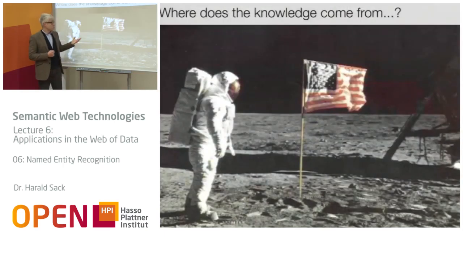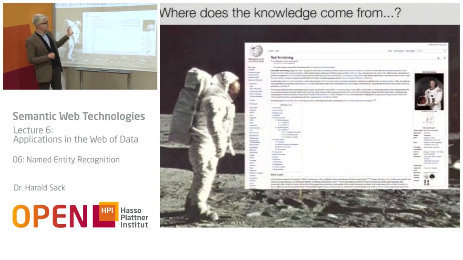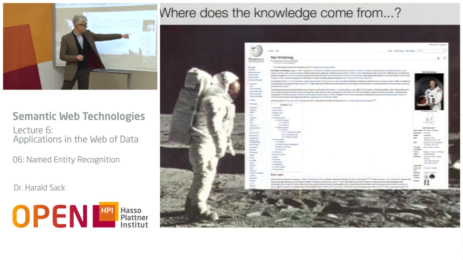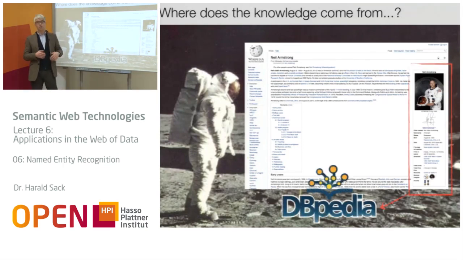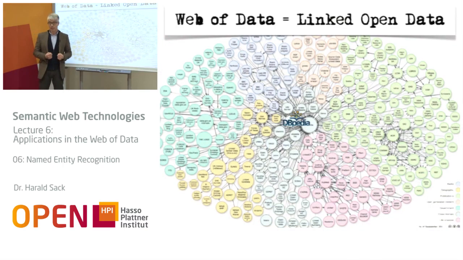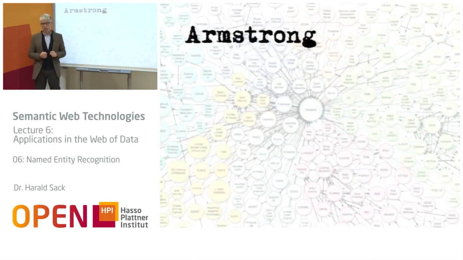Okay, where does the knowledge come from? Of course, we know that, for example, Neil Armstrong is represented in Wikipedia, and also we know that in Wikipedia we have these info boxes, and from these info boxes we finally get to DBpedia. So we have the entire web of data, of linked open data, to map this string Armstrong to.